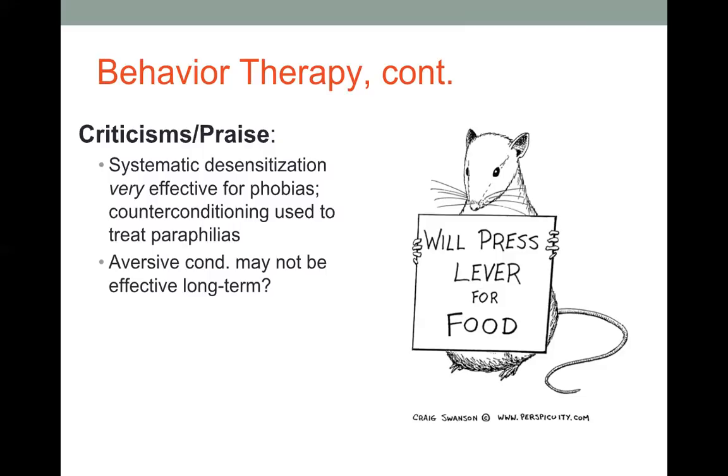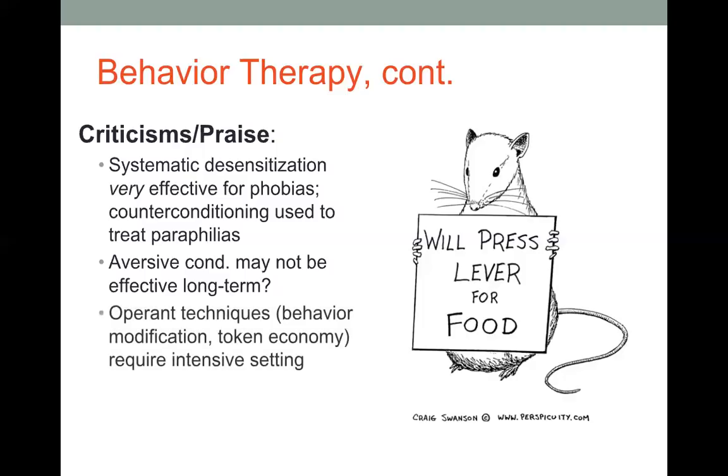Your textbook points out, for example, that aversion conditioning for folks with alcoholism, where you put some nausea-inducing chemical in their beer or alcohol to get them to avoid it in the future, doesn't seem to have great long-term impact for people outside of their treatment centers.